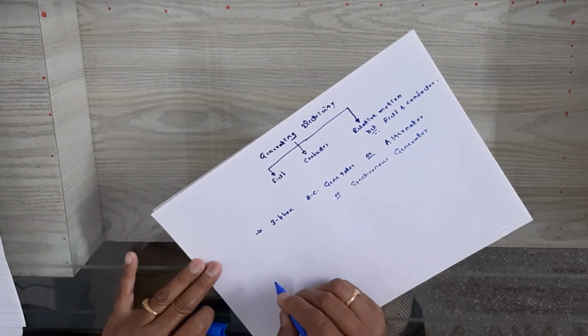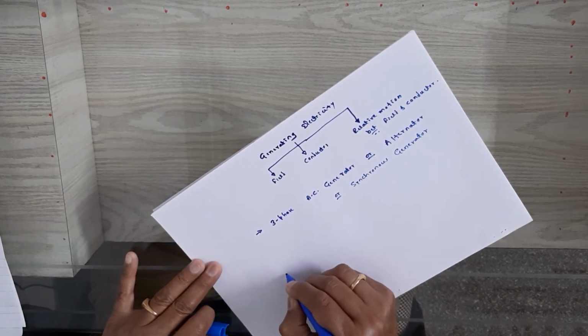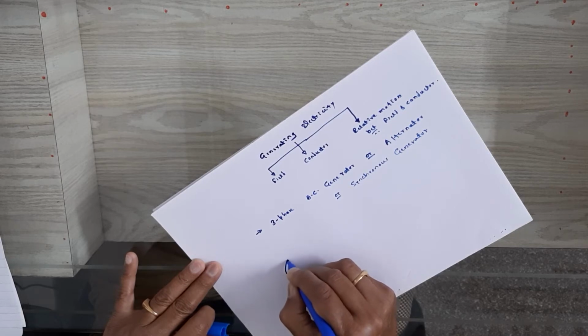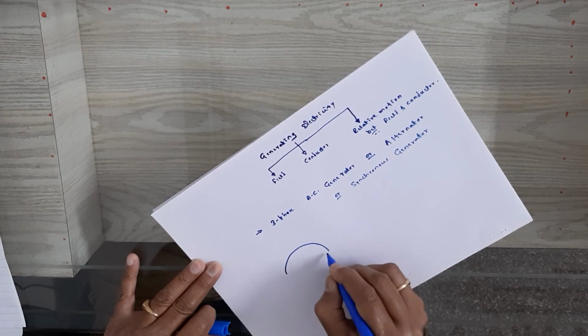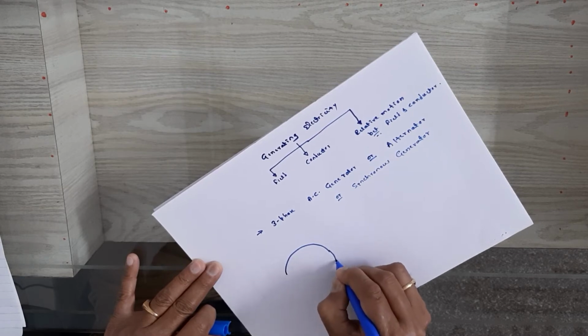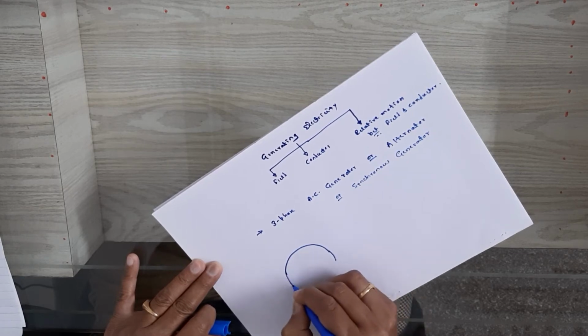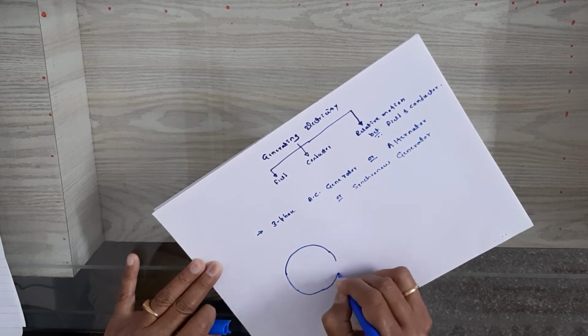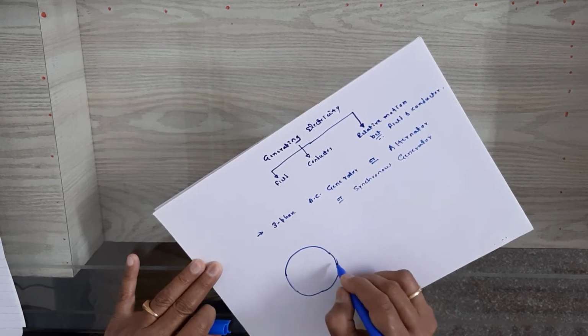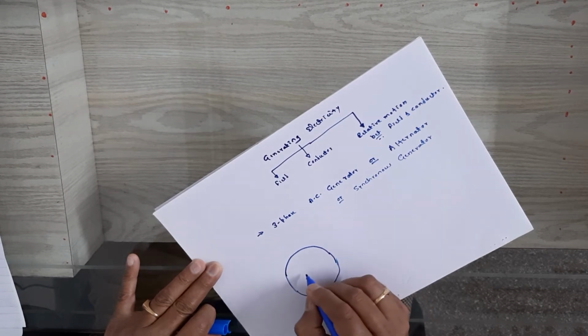We know that in the case of the alternator, the conductors are stationary and the field is rotating. Consider here a generator.